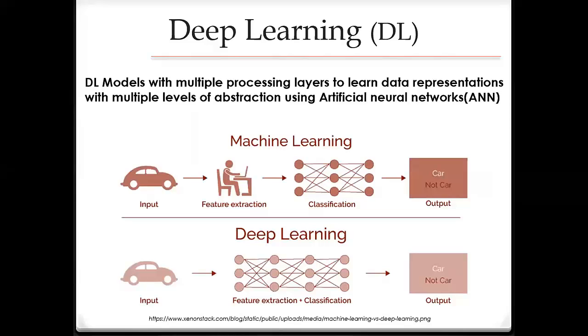What the machine learning model does, you just give it input data as it is. If it's an image, you feed it as it is, and then it starts to extract. Of course, now this architecture changes.